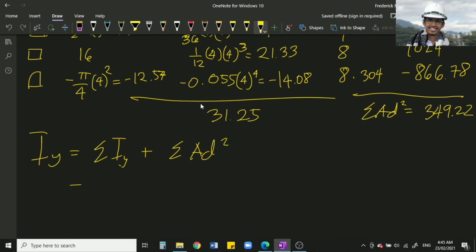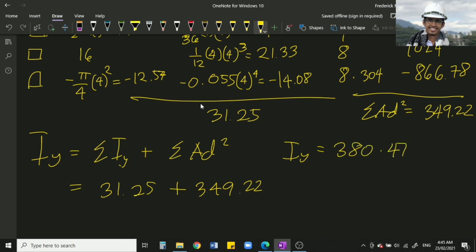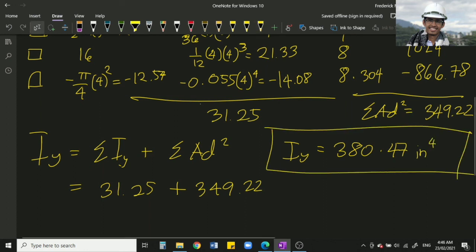So that will be equal to, summation ng Iy natin is 31.25 plus Ad squared is 349.22. Therefore, yung Iy natin is equal to 380.47 inch raised to the 4th. Okay? So this will be our final answer.